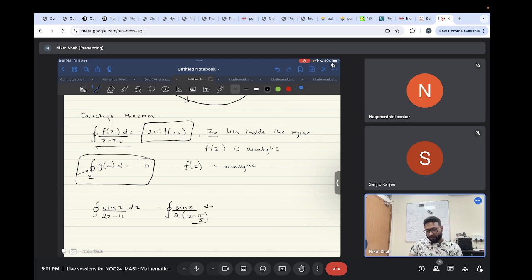So my pole is at z equal to pi by 2. There are two contours to be considered: one is the circle centered at the origin with radius 1, and the second is the circle centered at the origin with radius 2. For the circle mod z equal to 1, z equal to pi by 2 lies outside.